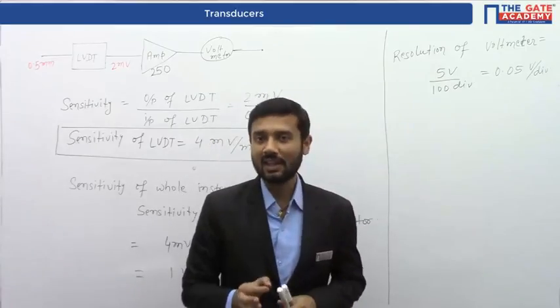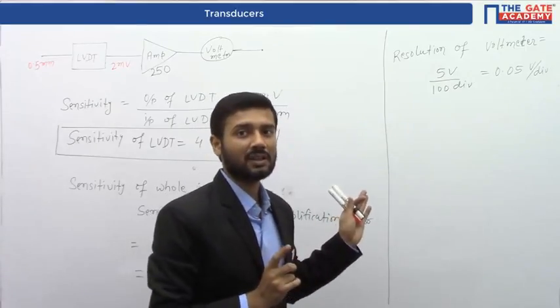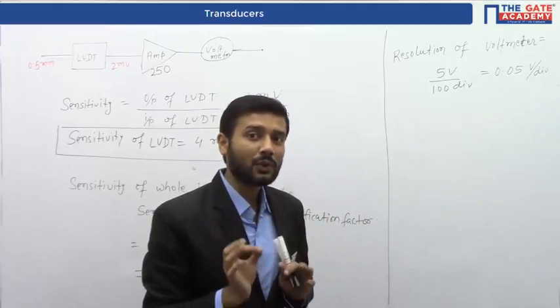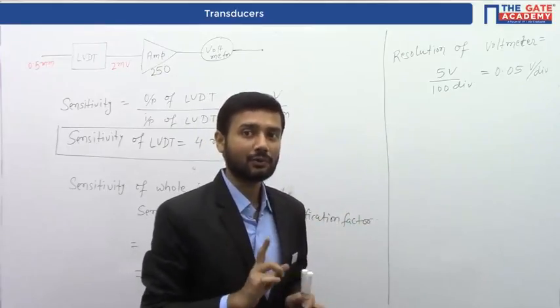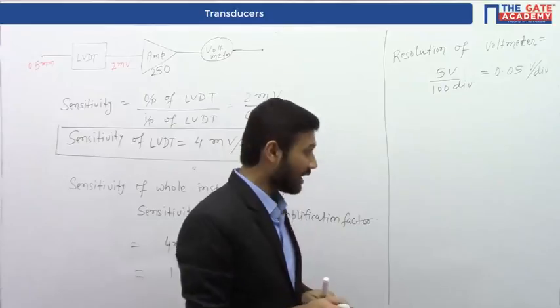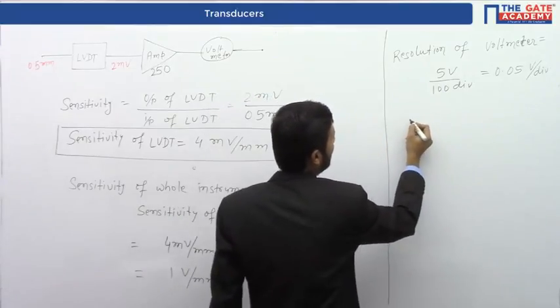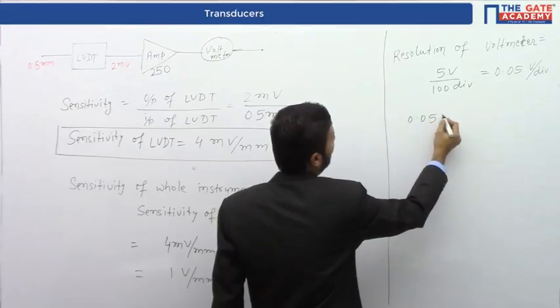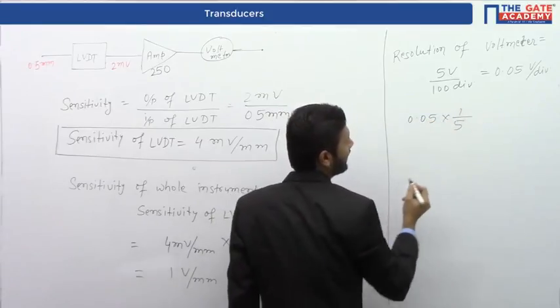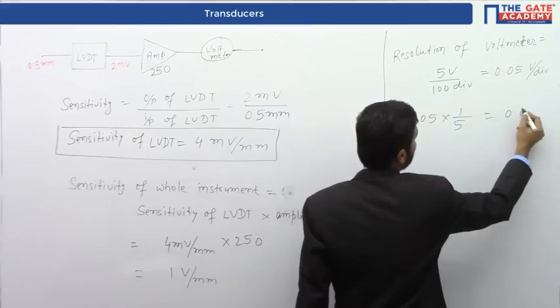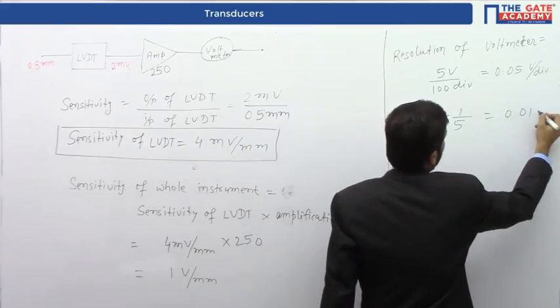Now it is given that the scale of the voltmeter can be read up to 1/5 of a division. 1/5 of a division is equal to 0.01 volt.